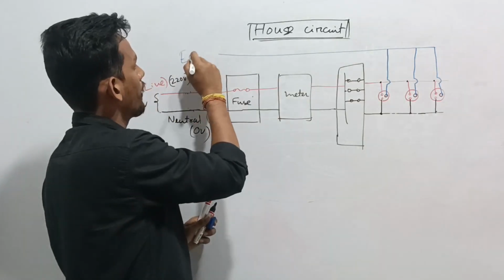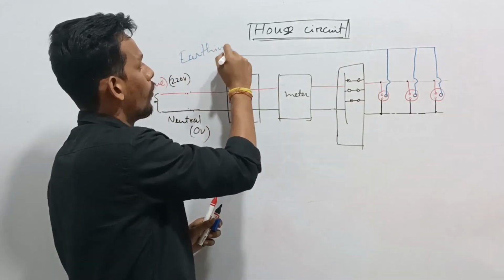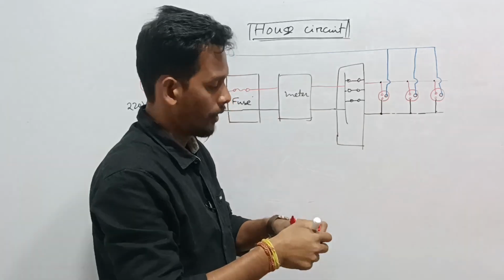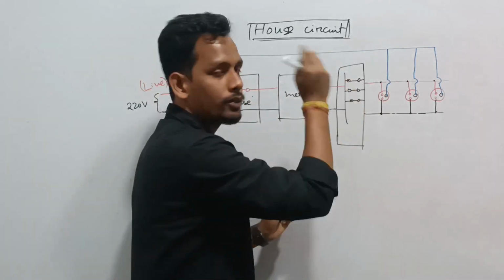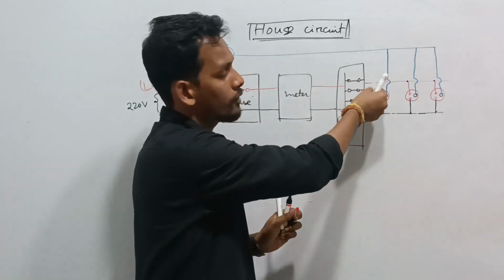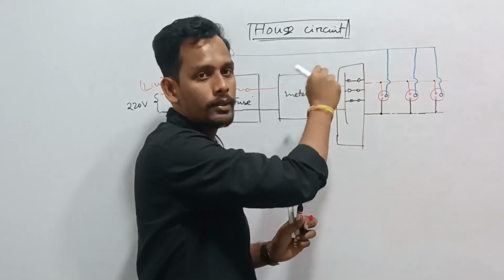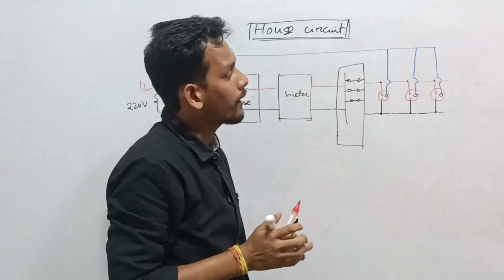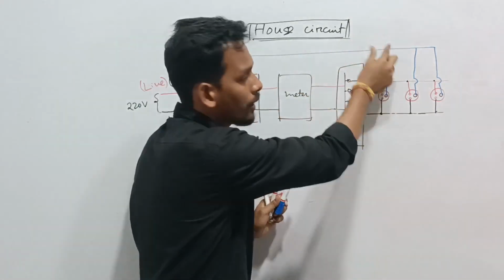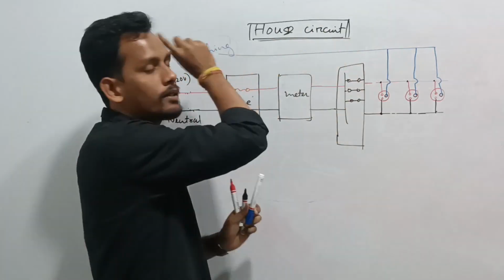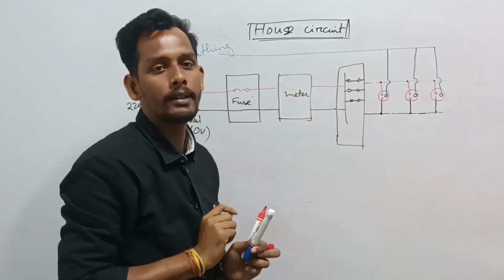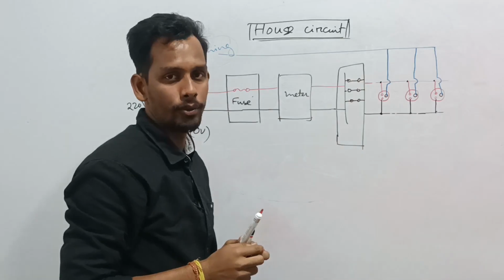This is called earthing. Why is this wire required? Suppose due to a short circuit, that means the connection is loose, or the insulation of the wire wears out. In that case, the excessive amount of current will pass through the ground wire and enter the soil. This is the main reason why the earthing wire is connected in every switch board.